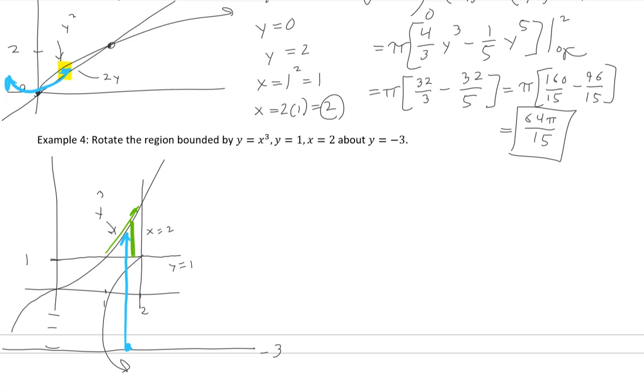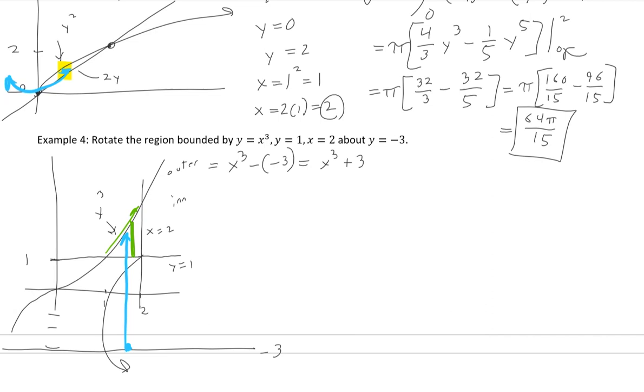That's the outer line, which is defined as not just x cubed, but it's also a distance of 3 past that. So it would actually have a distance of x cubed minus -3. You find distance by subtracting. So that means that we're actually working with an outer of x cubed plus 3.